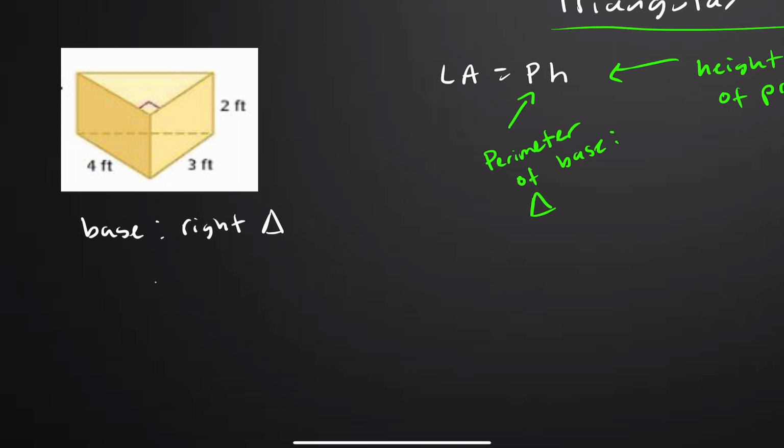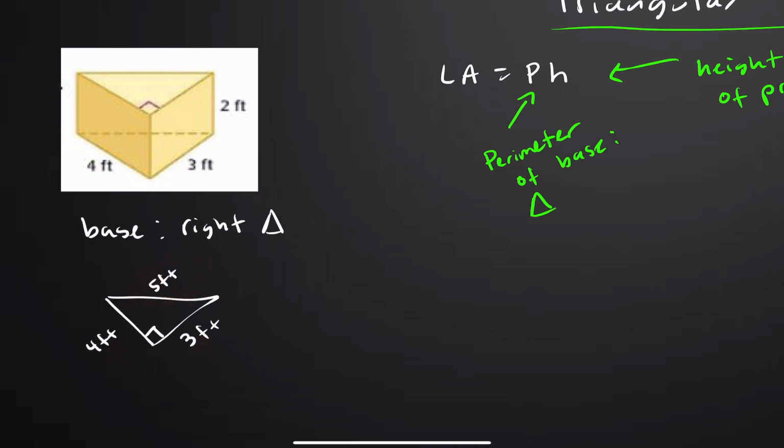So I'm gonna go ahead and draw that right triangle, and it has a 3 here and a 4 here. So what is this side here? Can't forget to draw that little right triangle there to indicate it's a right triangle. So what is this side here? Well, we have 3, 4, this must be 5.